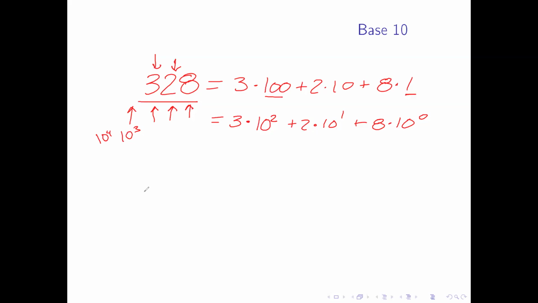Further, when you were learning things in elementary school, if I did that 328 again, and I did it times 10, so if I multiplied by 10, you were like, that's super easy. It's 328 with an extra 0. Why is that? It's because each of these tens suddenly just went up in a power, which means they shifted the spot they are.